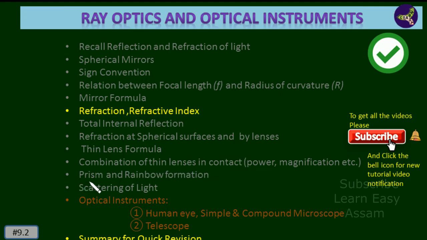Then we will discuss prism and rainbow formation, scattering of light, and optical instruments like simple and compound microscope, telescope, etc.